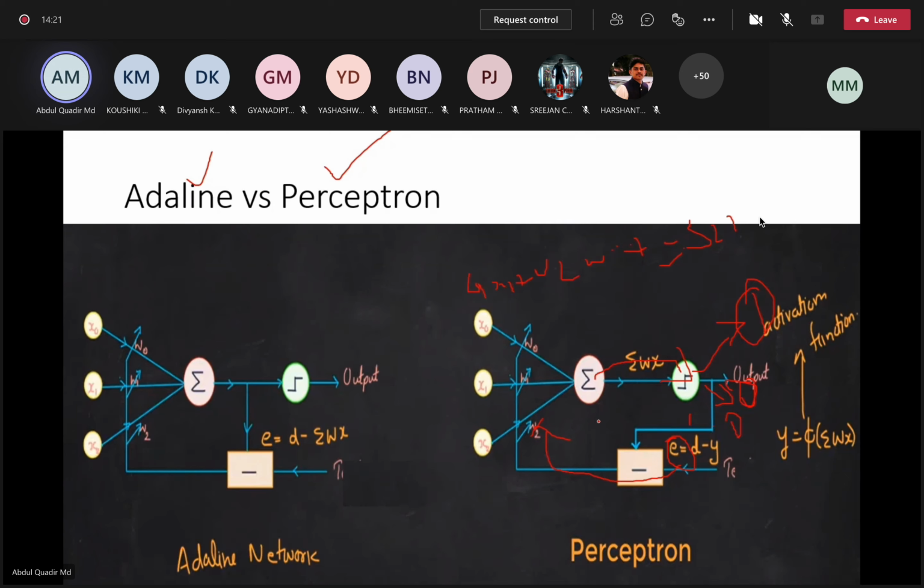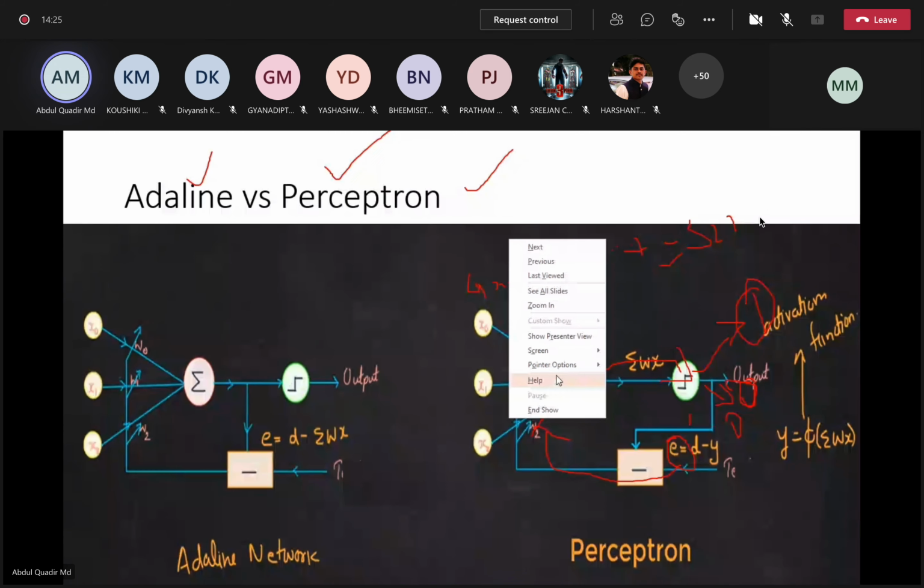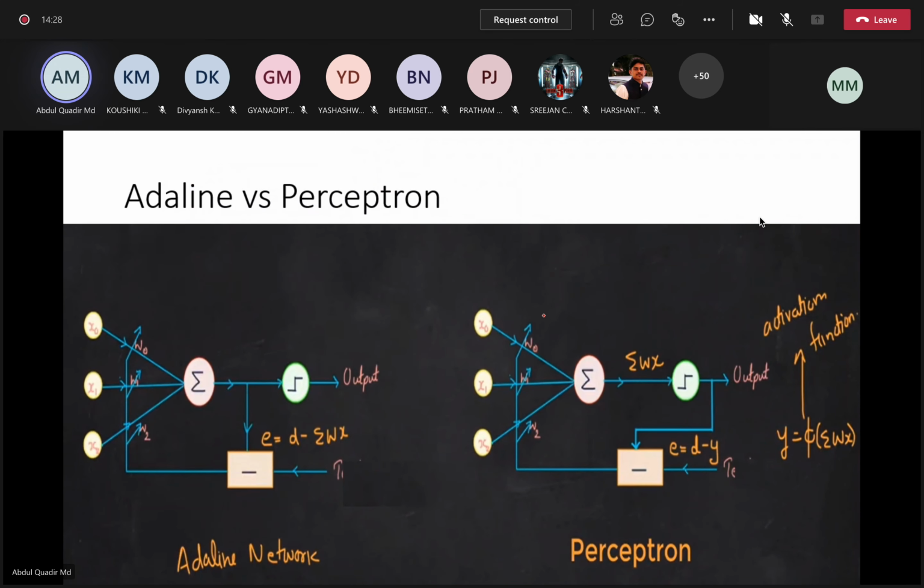Yes, sir. Okay, so that was the perceptron, what we did in the last class. I repeat, we did W1 X1 plus W2 X2 plus W3 X3. This is what we did, right? Then the output of this, say for example, if it is 1, we put it in the activation function.